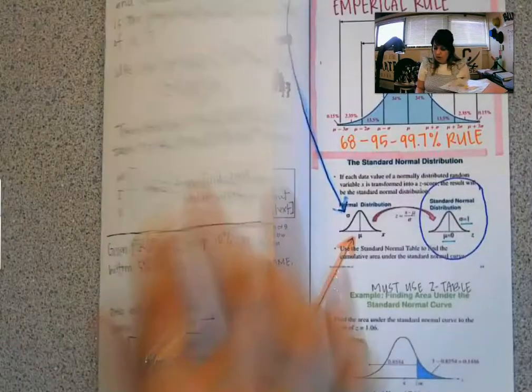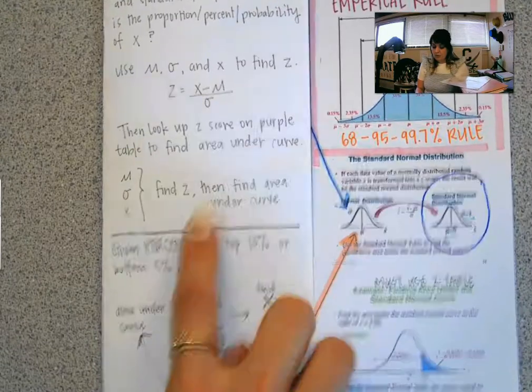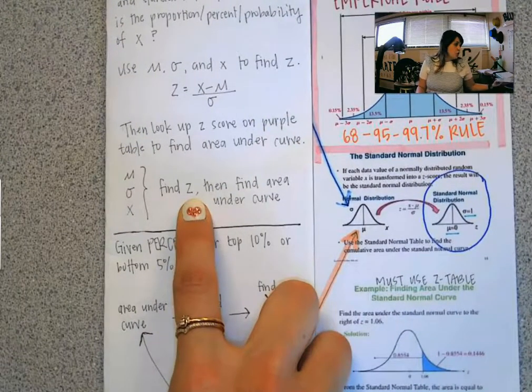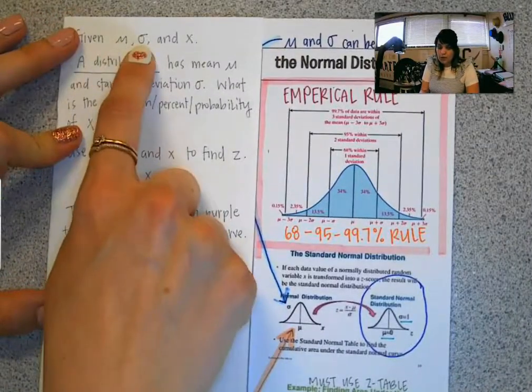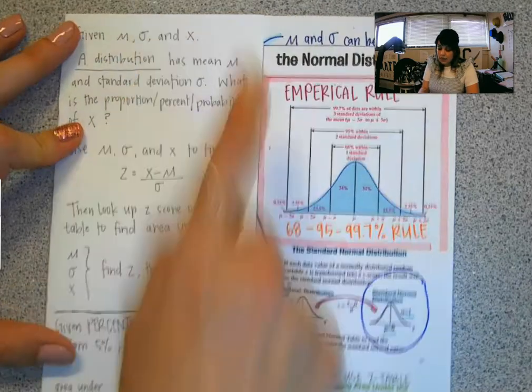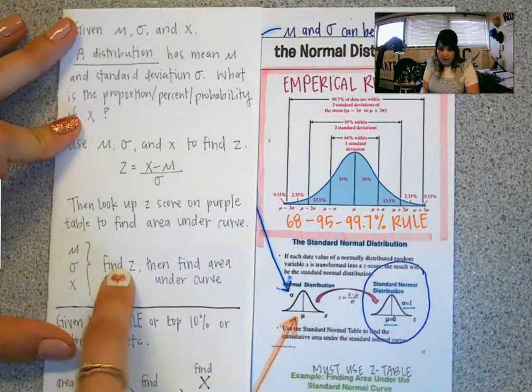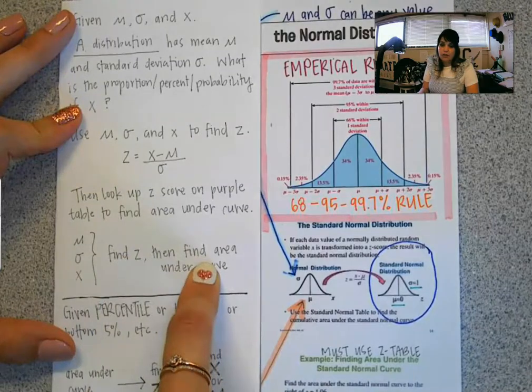Then you go to the table, the purple table, to find z. So for a normal curve, the most common thing that you see is take mu, sigma, and x, use it to find the z, then find the area under the curve.